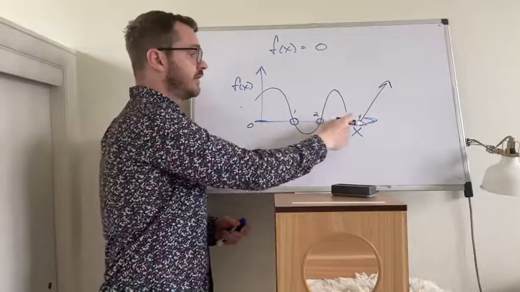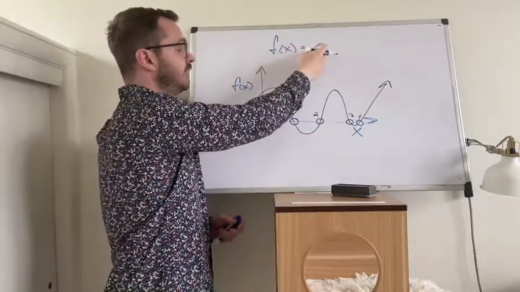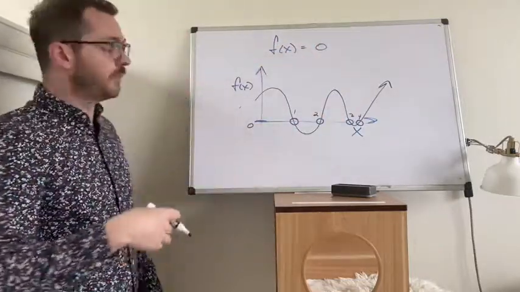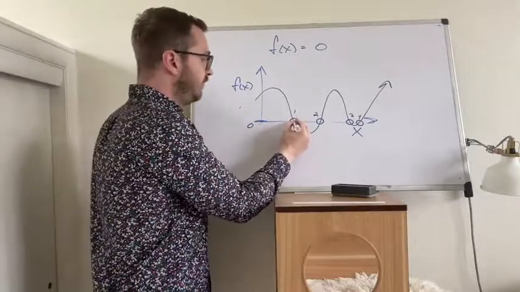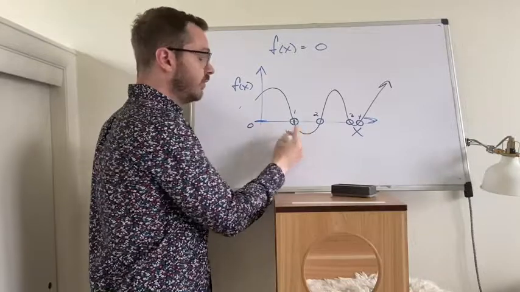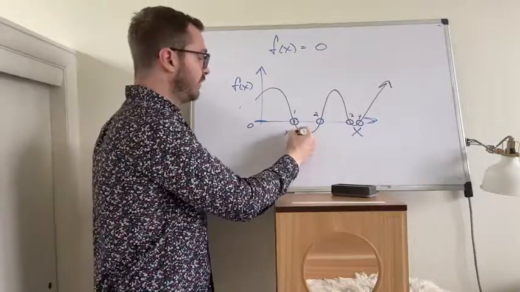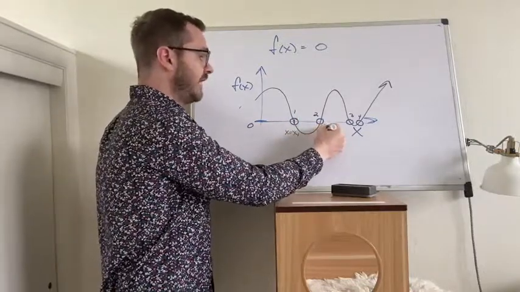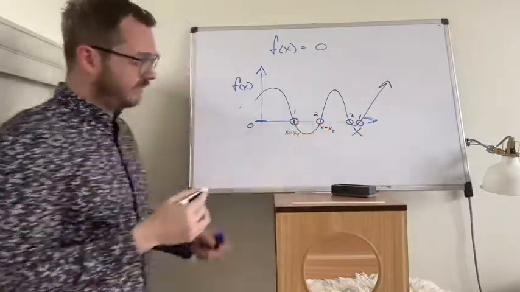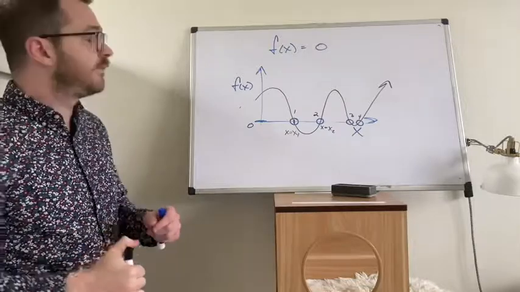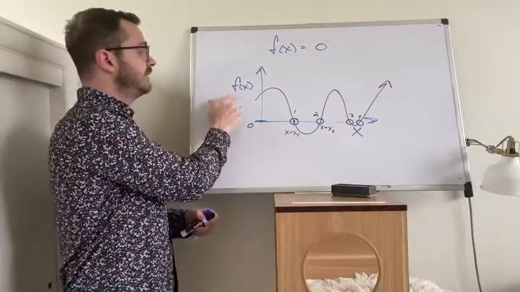These locations, where f of x is equal to 0, would be the roots. So when I say these are the roots, what we're literally saying is that at this point, x equals some value. We can call this one x1. Here we can say that x equals x2. Here would be x equals x3. There's x equals x4. Those would be the 4 roots of this function f of x.